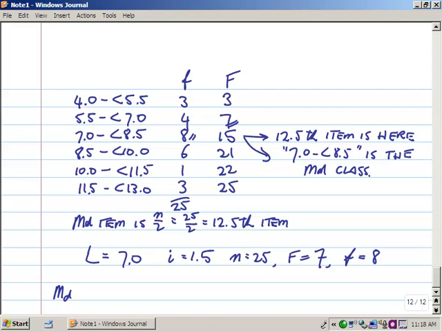Alright, so we're ready for our formula. L plus I times n divided by 2 minus capital F, divided by little f.